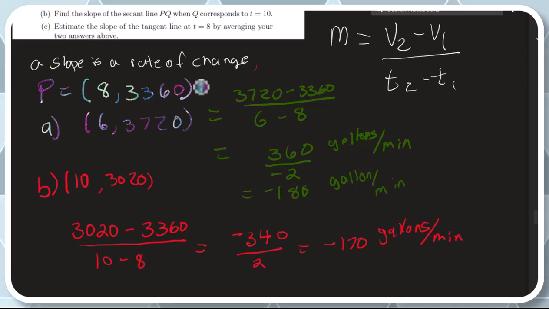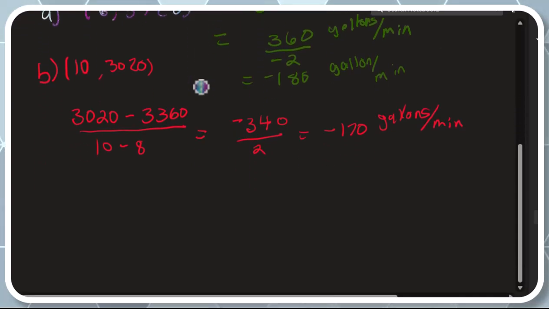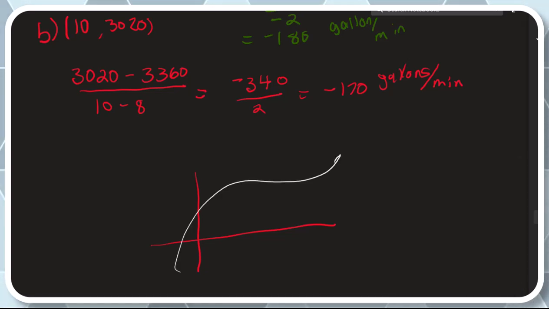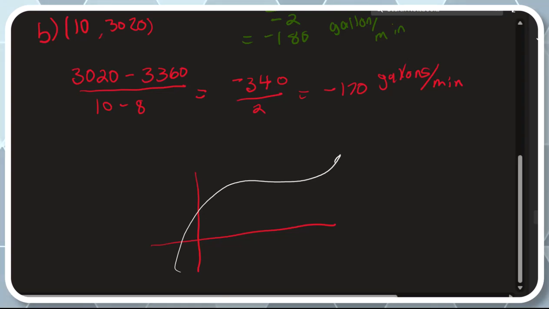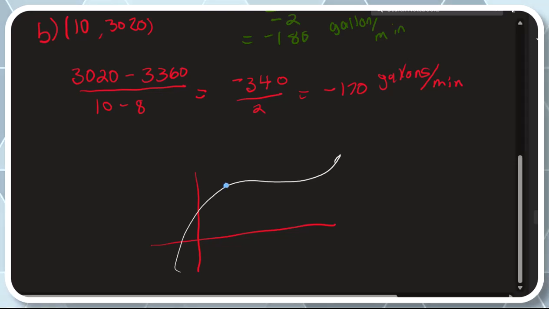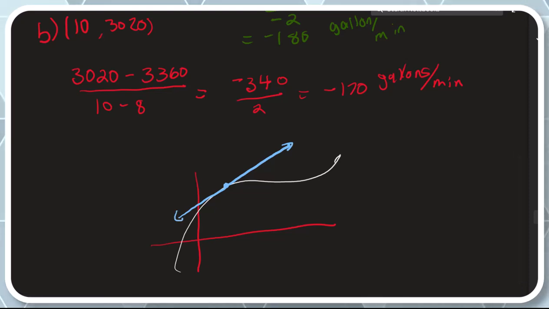Part C says estimate the slope of the tangent line at t equals 8 by averaging your two answers. Just to remind you of what we're doing, if we have a function that looks like this, and we want to know the slope of the tangent line at a particular point, say this point right here, the tangent line looks like that. We don't yet have a tool for finding that slope, because it just has one point. We know how to find a slope if we have 2 points, but not if we only have 1 point yet.